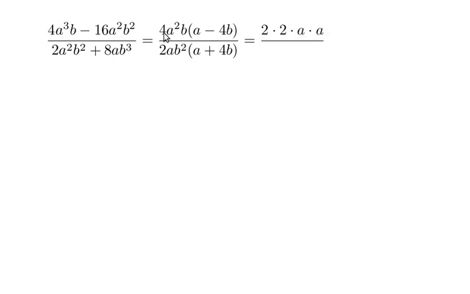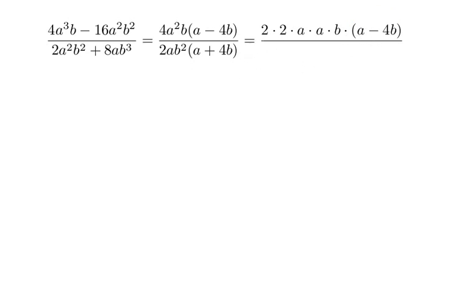So this 4 is going to be 2 2's. This a squared by definition means a times a. Then of course we still have the b and the a minus 4b. This whole thing is a factor of the entire numerator, so we can't separate this any further.